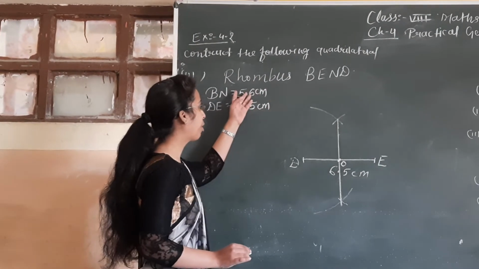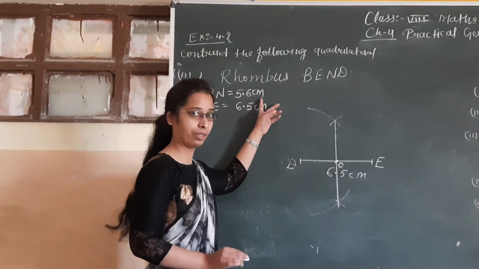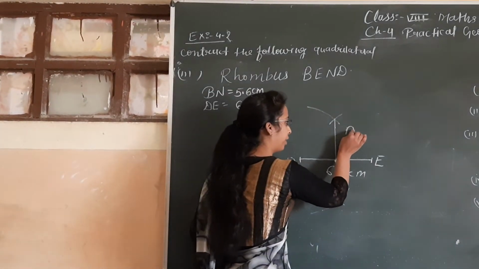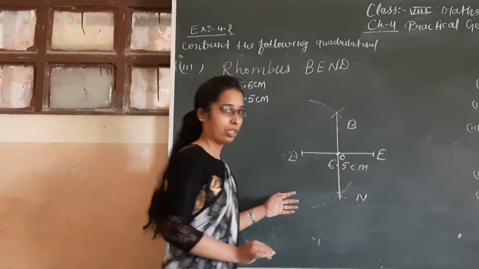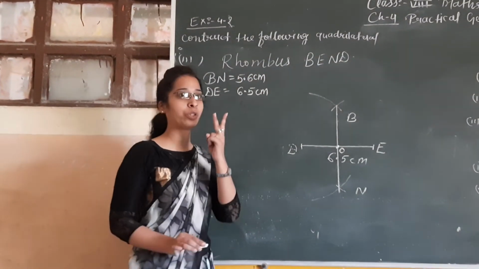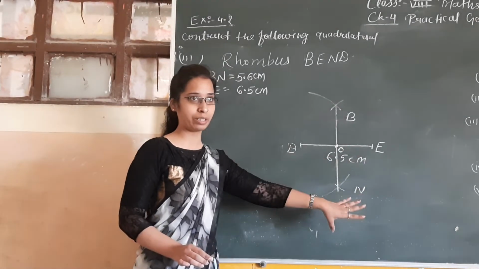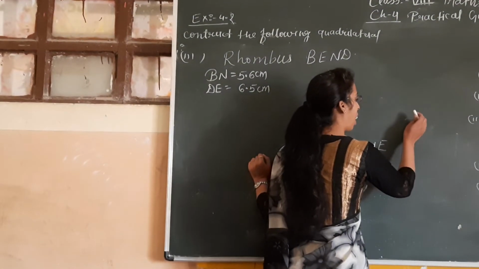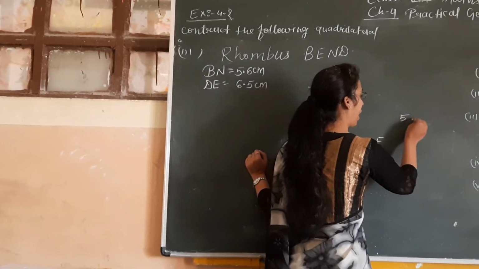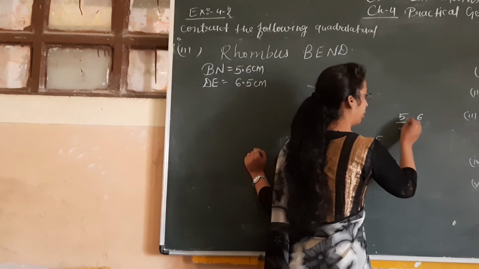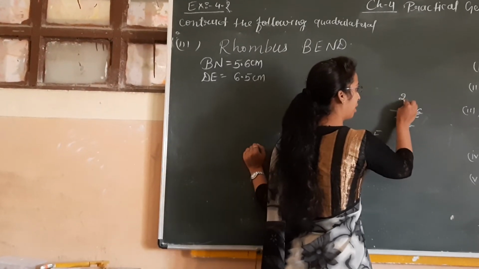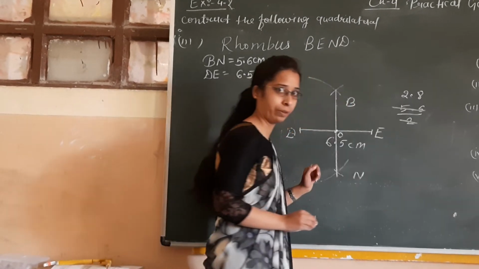After that the remaining one is 5.6. So with 5.6 we have to draw points B and N. So we have to divide 5.6 into two equal parts, because we have to draw half here and half here. So what is half of 5.6? 2.8.